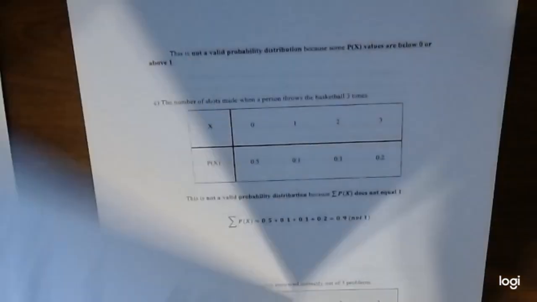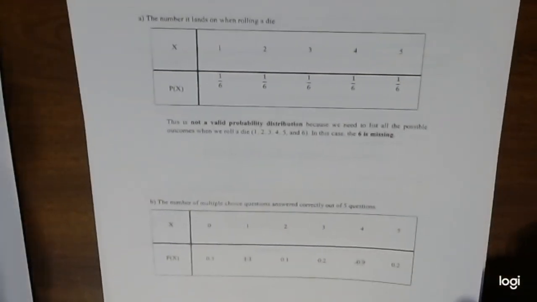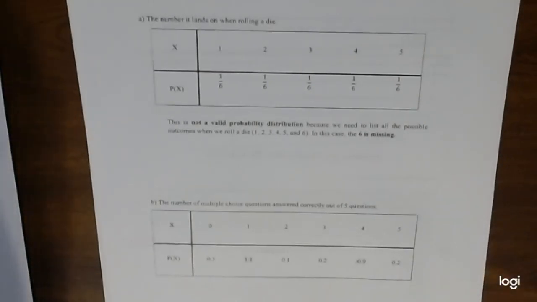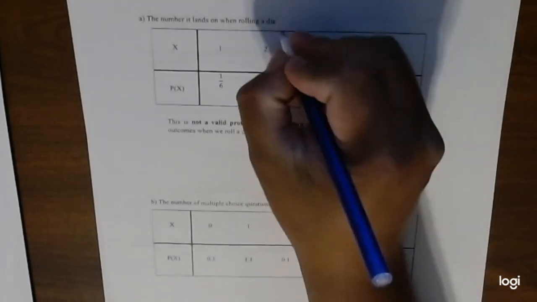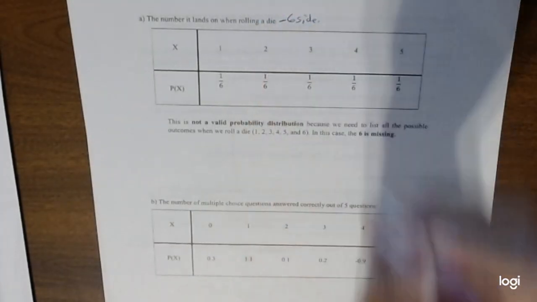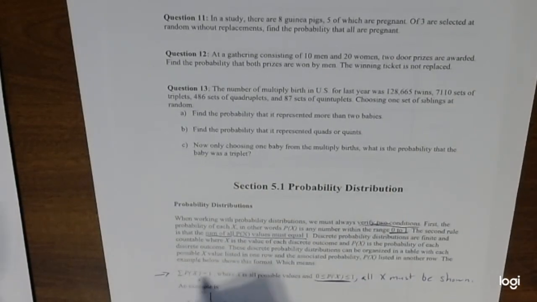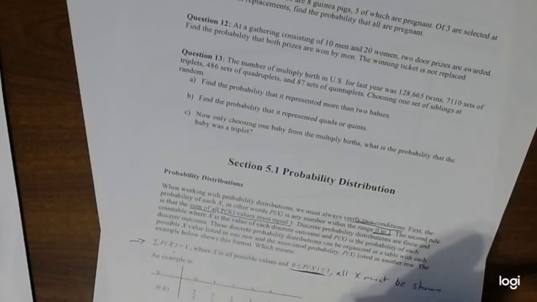All right, now let's go to this example here, A. A says the number it lands on when rolling a die. Again, we're assuming it's a 6-sided die. First condition is the sum of all the probabilities equals 1.